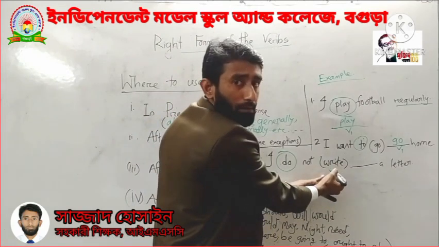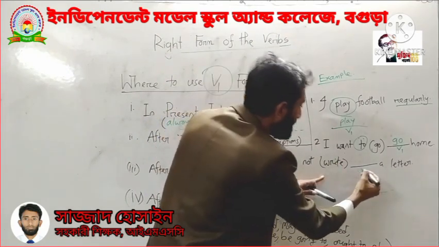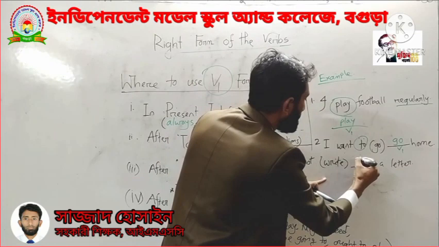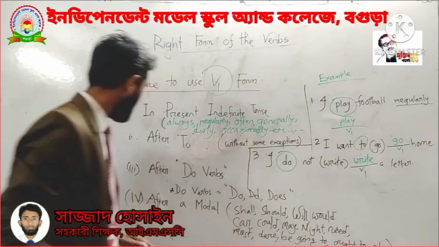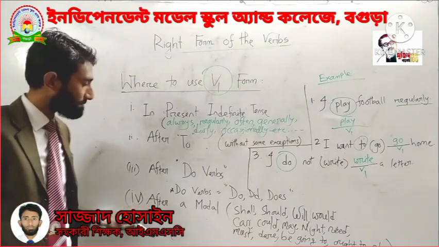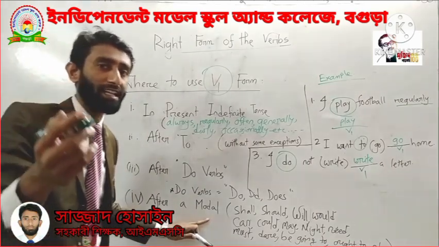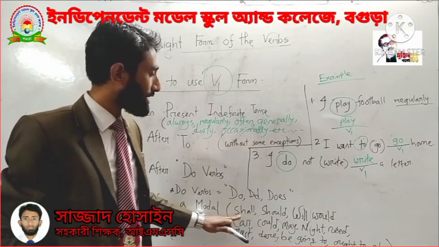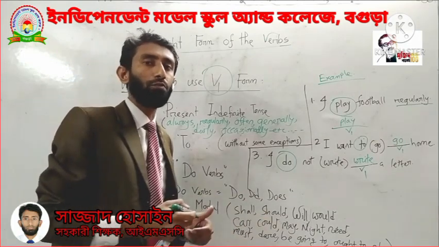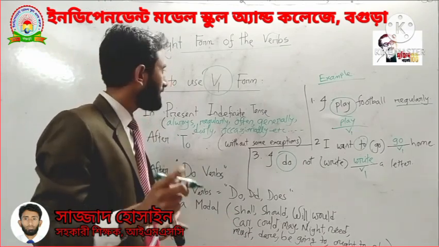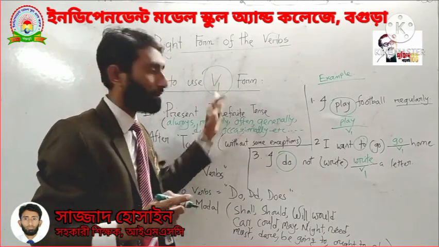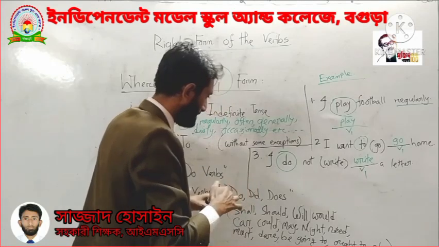Then what is the V1 form of the verb write? The V1 form of the verb write is write. Then come to the next one. After modal auxiliary, I have already told you that shall, should, will, would, can, could, may, might, these all are called modal auxiliary, and after modal auxiliary we should use V1 form.